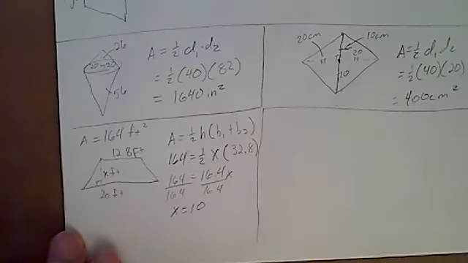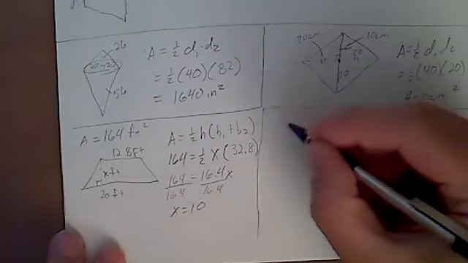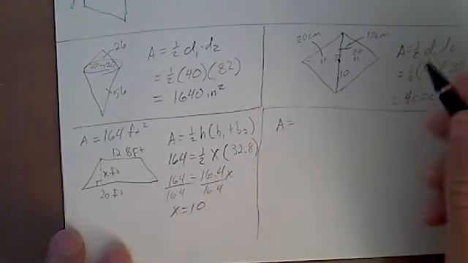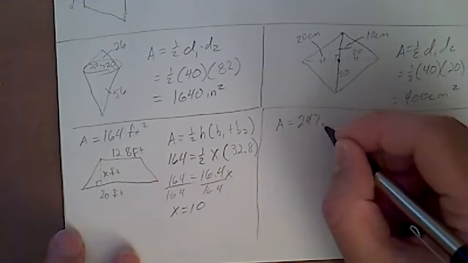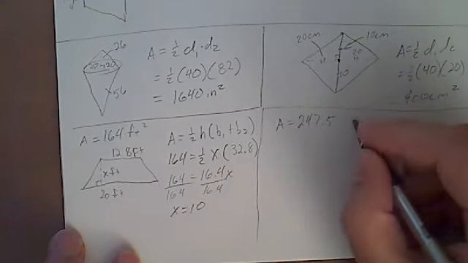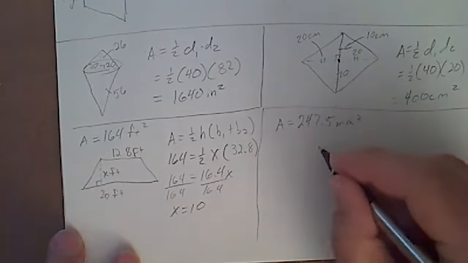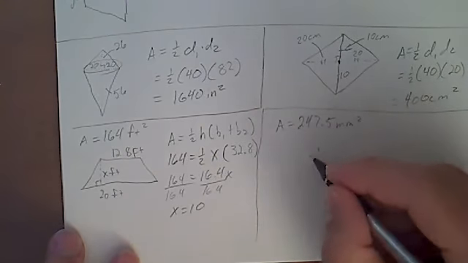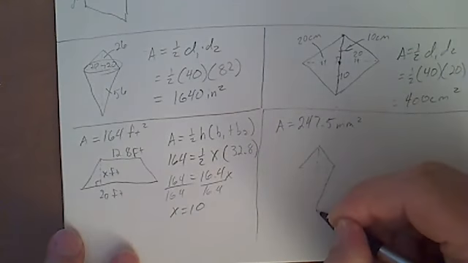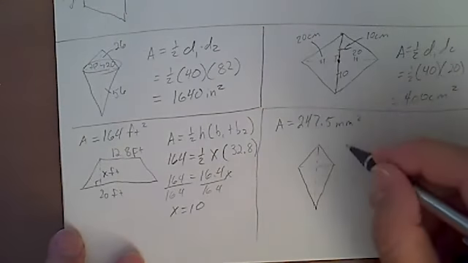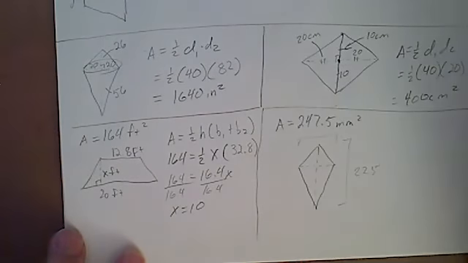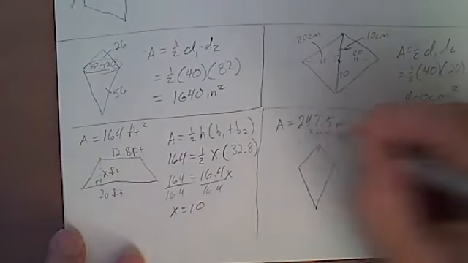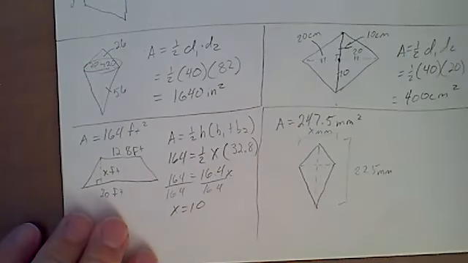We're going to look at one more that's like that. What if we had the area is 247.5. That's going to be in millimeters squared. And say we're given this kite, 22.5. And we need to find this other side, which is x millimeters. Right.